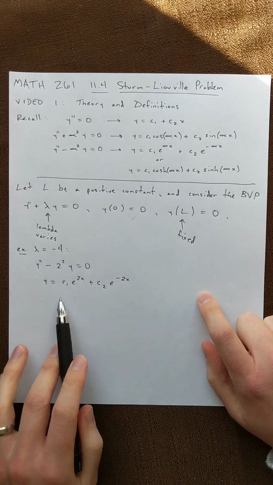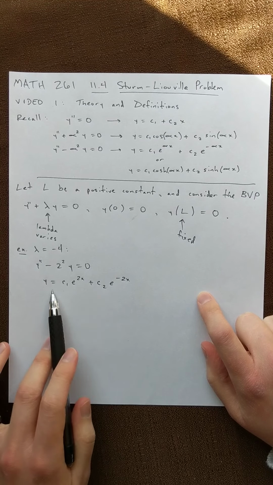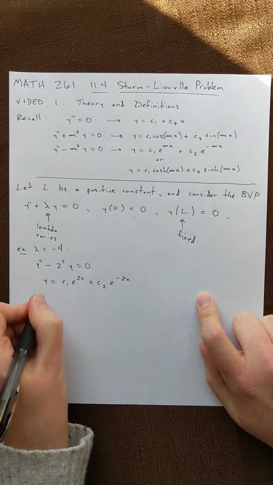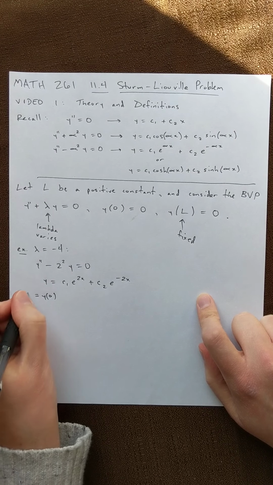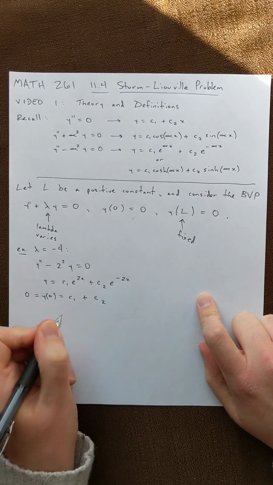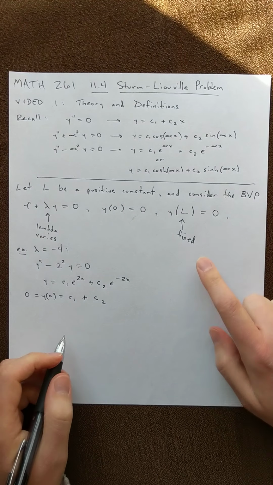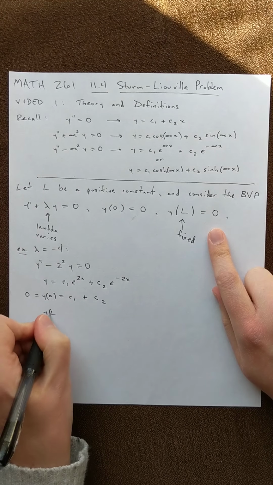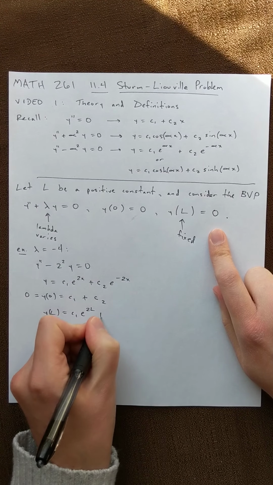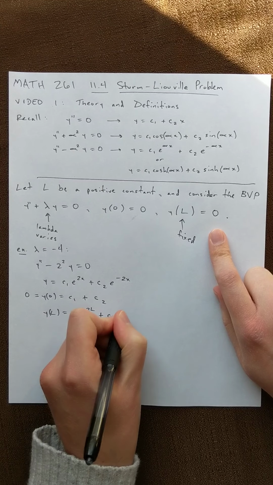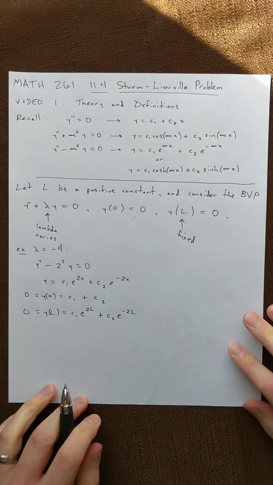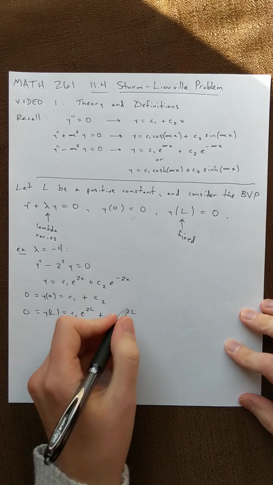Anyway, so that's going to be our general solution, but we have boundary conditions we still have to plug in, so let's try those. y of 0 should be 0, but it's also c1 e to the 0 plus c2 e to the 0. Okay, y of L is going to be c1 e to the 2L plus c2 e to the minus 2L, also supposed to be 0.